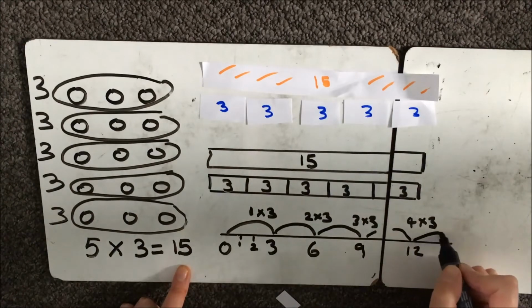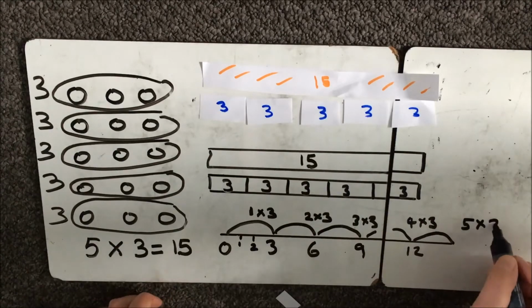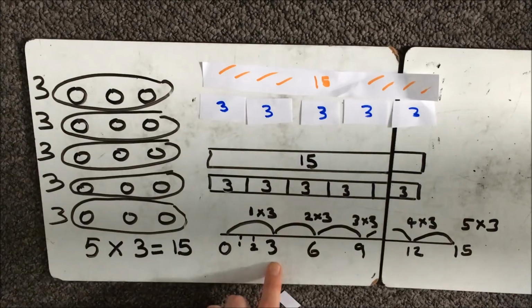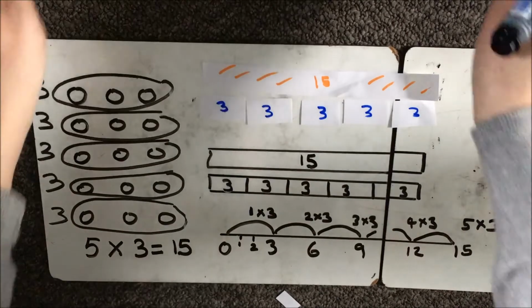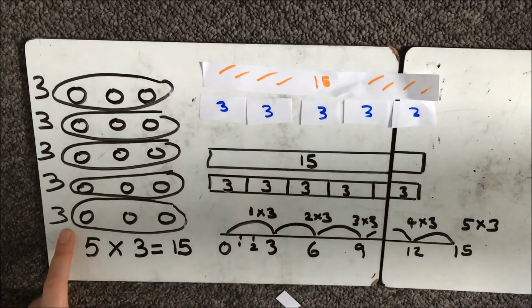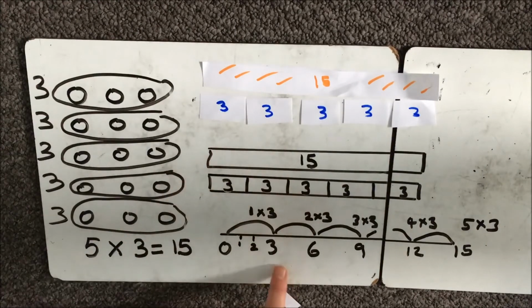And my last one, 5 times 3 is 15. 0, 3, 6, 9, 12, 15. 3 different methods to solve the same word problem. We've got an array, good job, a bar model, and also a number line.